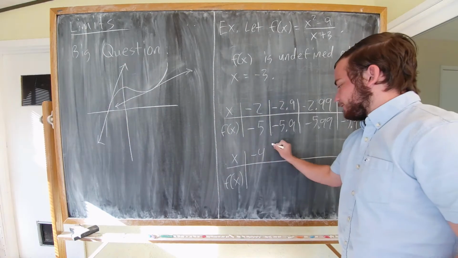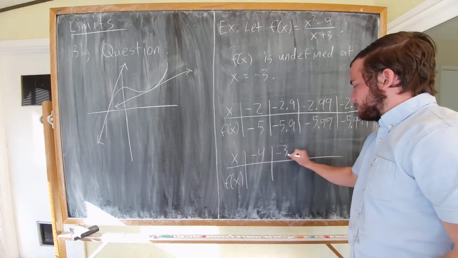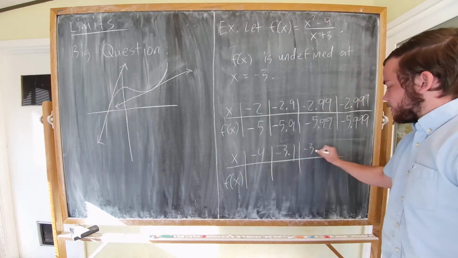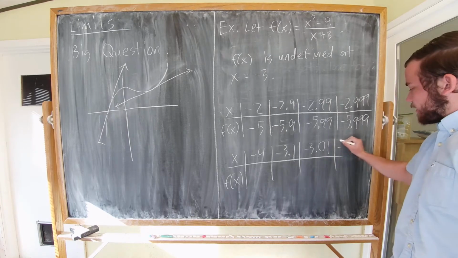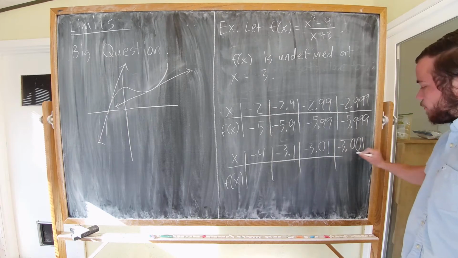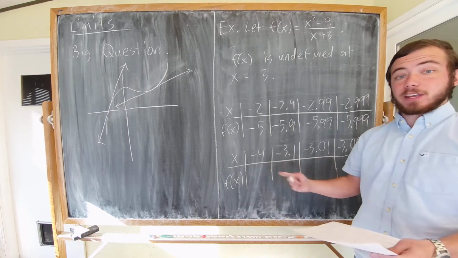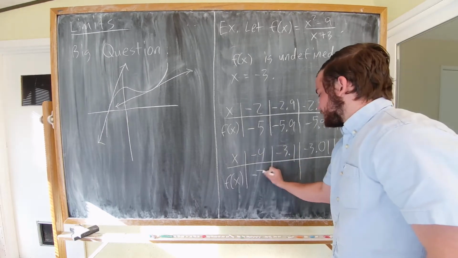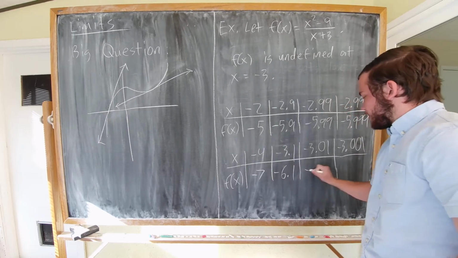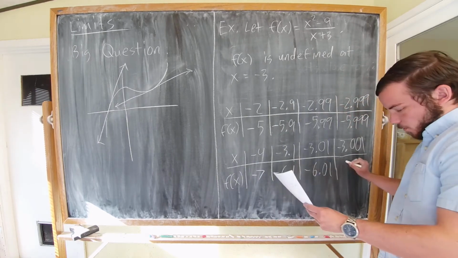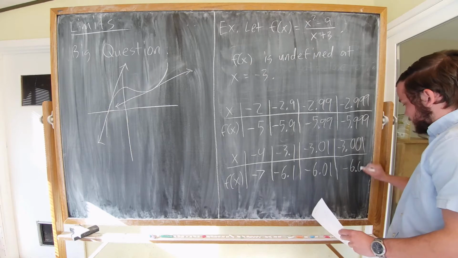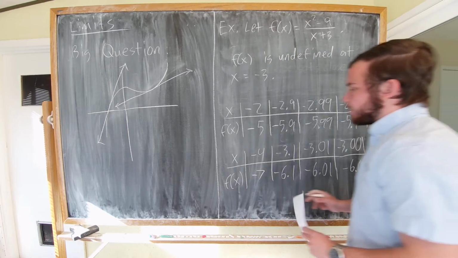Maybe with negative 4, negative 3.1, negative 3.01, negative 3.001. Start plugging those values in, we get negative 7, negative 6.1, negative 6.01, negative 6.001.